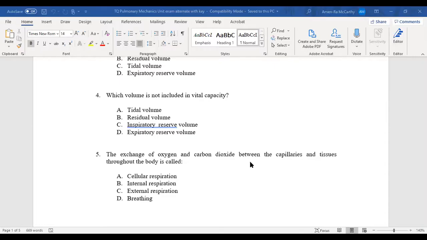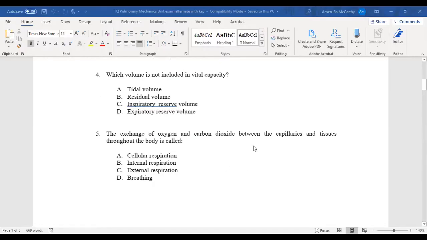Which one is not included? Remember what vital capacity is. Good, Miss Tabor. Vital capacity is everything that you can do. So which one of those volumes is something that you can't do? Good. Residual volume. The RV, residual volume, is the volume that's not included in vital capacity.